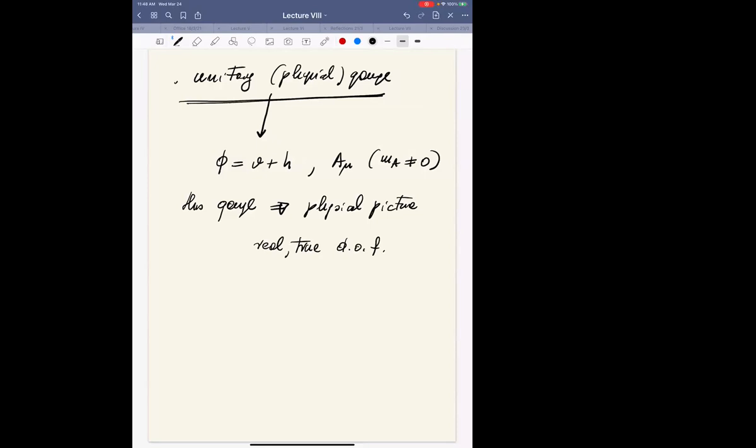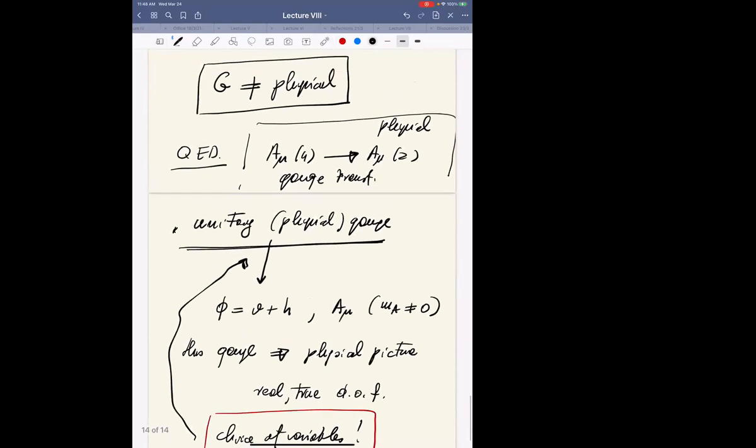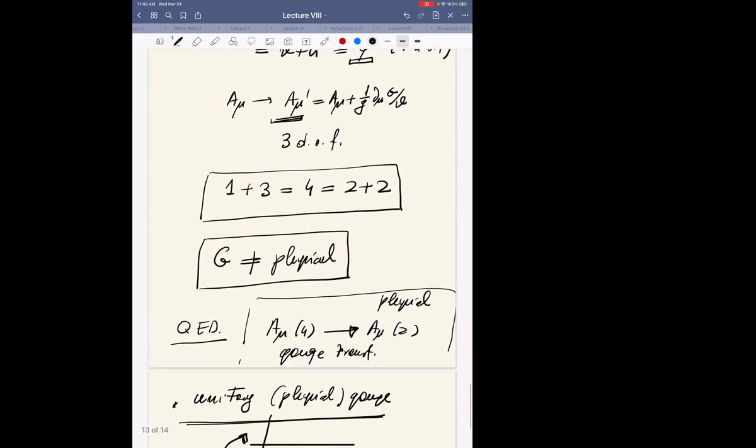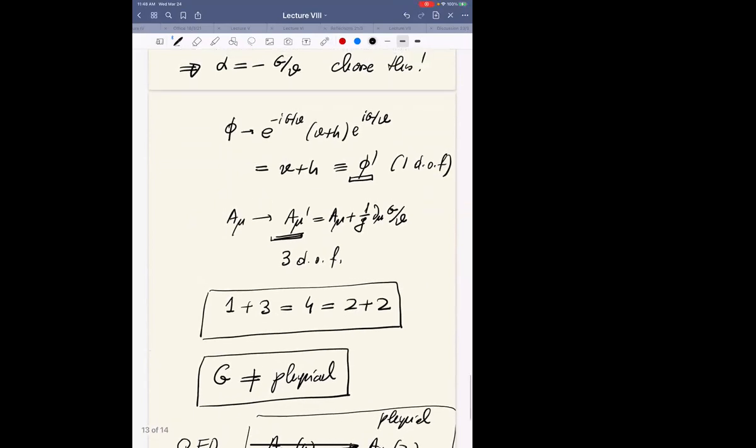So this is this choice of variables. You always have a choice of variables. I've chosen the variables to go here in the unitary gauge, and it seems that I've done something smart. This is what Weinberg does. And if you wish, this is a smart person's approach. It takes some thinking to realize that G is not physical.